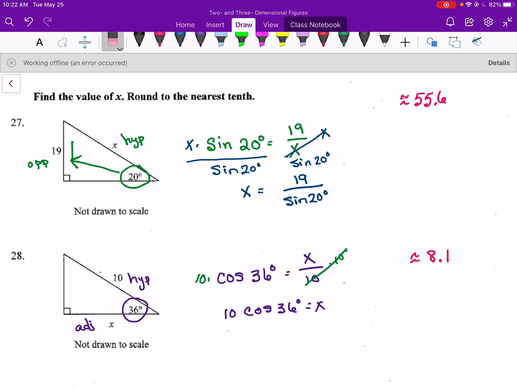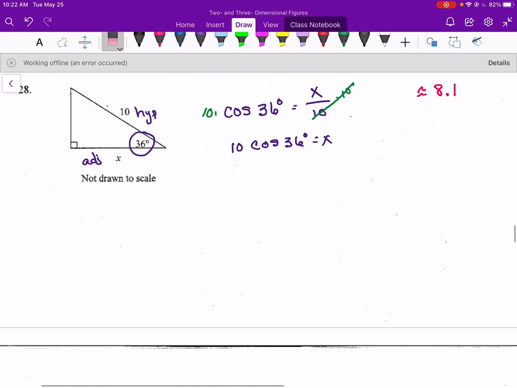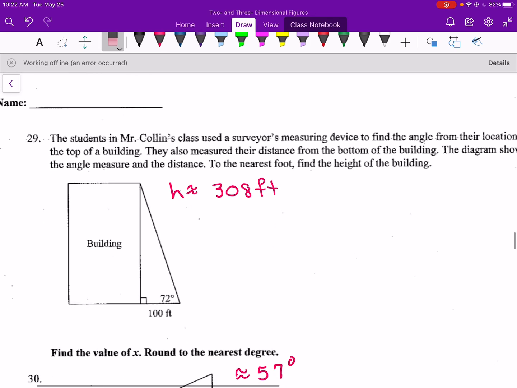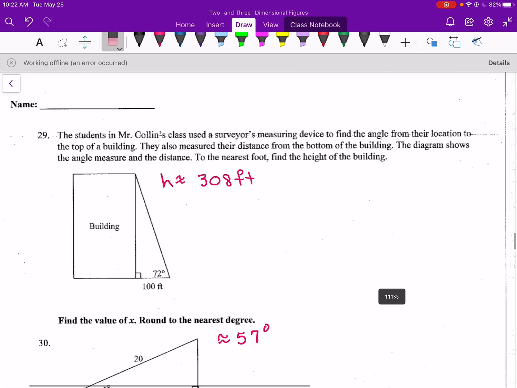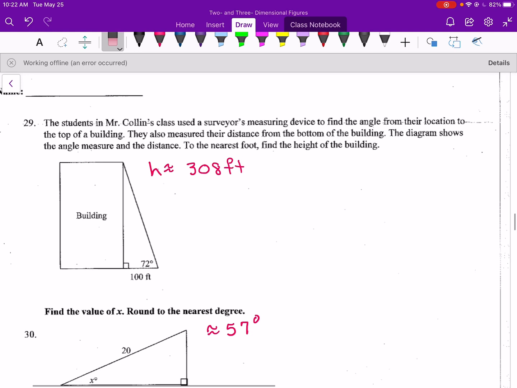All right, moving on to number 29. 29 is an application for a trig problem. The height in this case is approximately 308 feet. I'm going to move this over here so we have a little room to work.